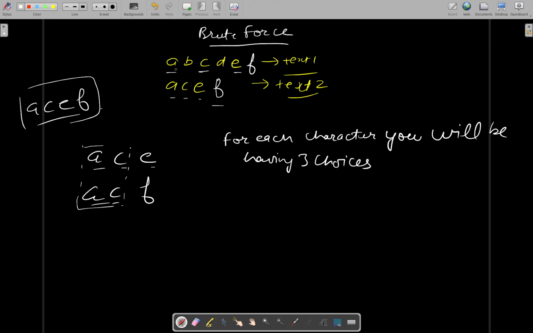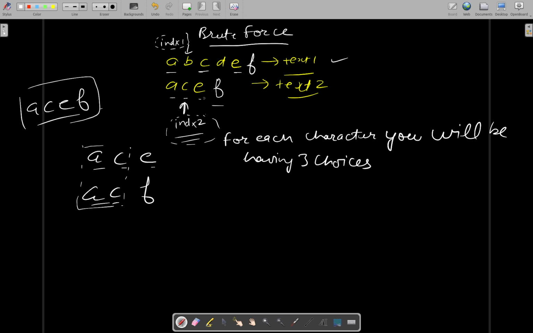Let's use two variables, indices, index 1, and let's call this one index 2. Okay, so let's say you are on this particular index at the first text, and this particular index at the second text or the second string. So you will be having three choices.